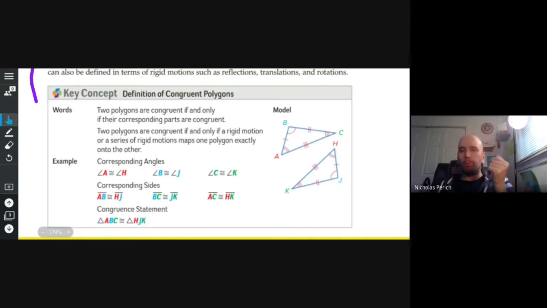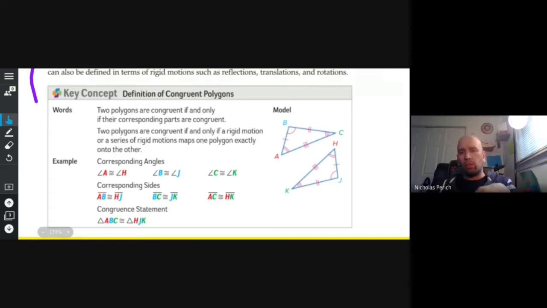All is well. Corresponding means that angle A corresponds to H because of the two double curved lines. B corresponds to J. C corresponds to K. Line AC corresponds to line HK. Line BC to JK. Line JH corresponds to BA. And we can say that triangle ABC is congruent to triangle HJK.